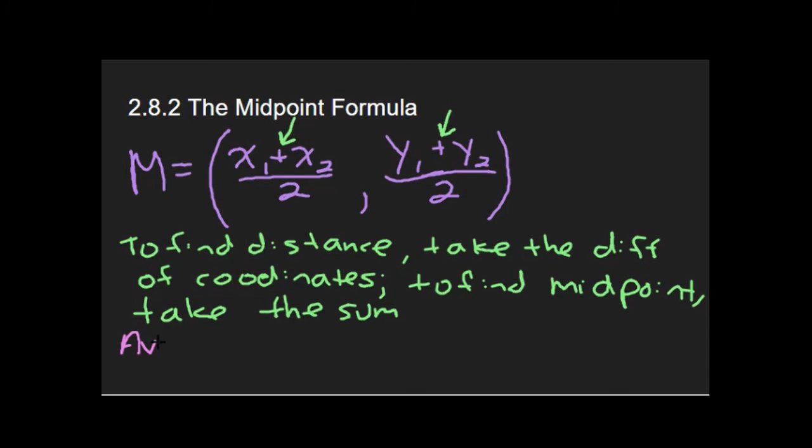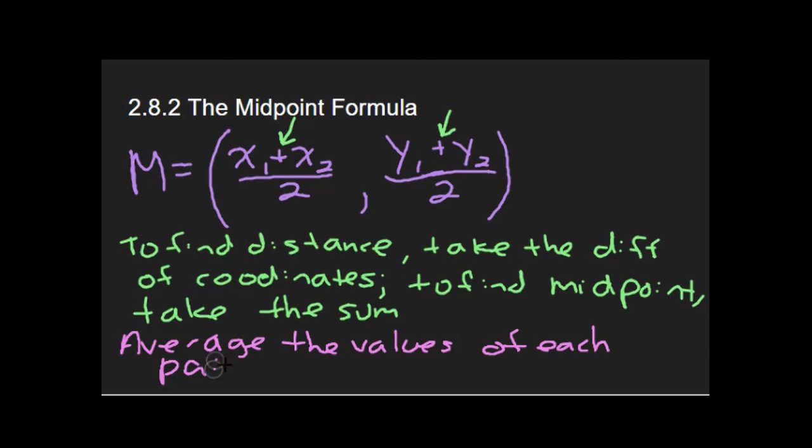So you average the values of each pair of coordinates. To find the x-coordinate of the midpoint, you take the average of the x's on the endpoints. To find the y-coordinate of the midpoint, you take the average of the y values of the two endpoints. So keep that in mind. Okay, let's go ahead and try this out.